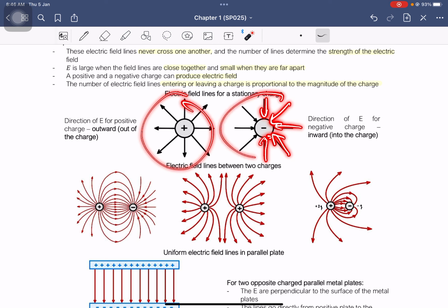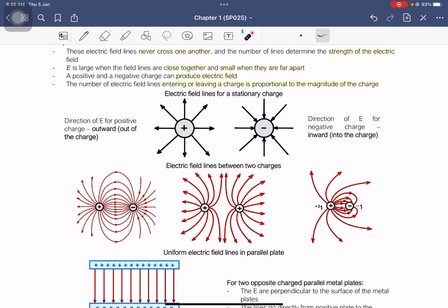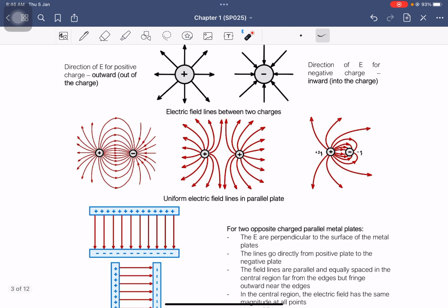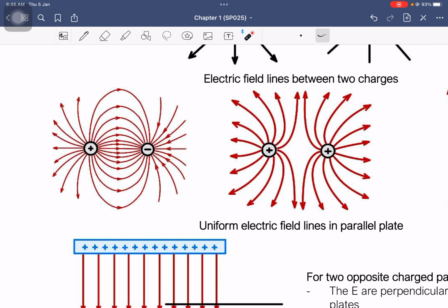These two directions here are important because this is where you will know how to draw the direction of the electric field lines.